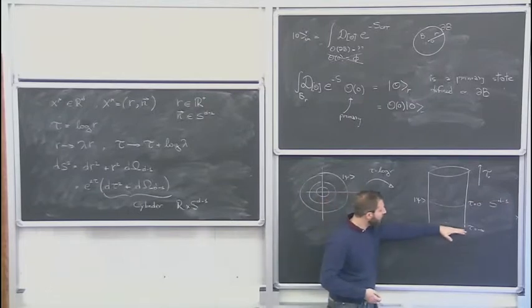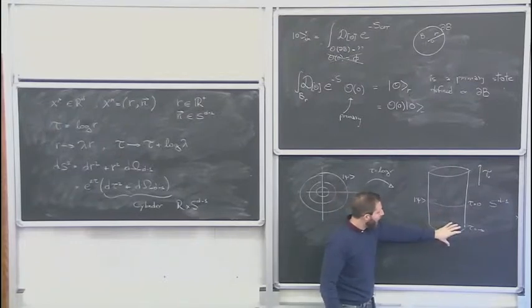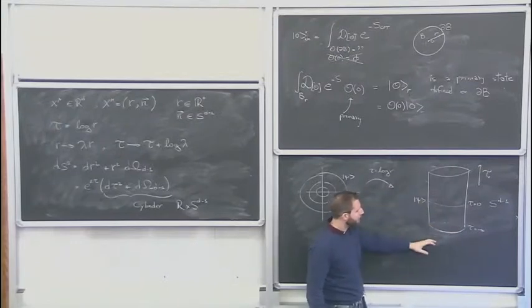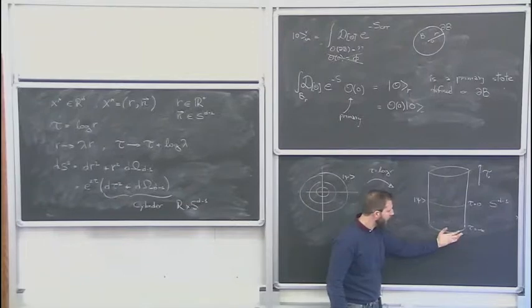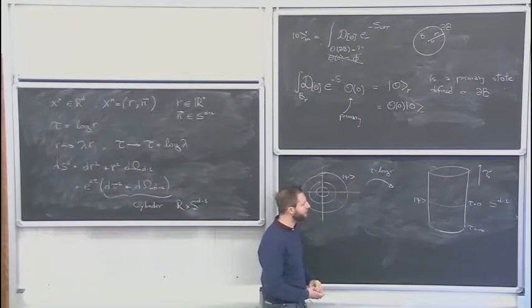And studying a conformal field theory is equivalent, as I will show in a second, to studying a quantum field theory on a cylinder, where slices at constant time are spheres, and then you evolve spheres in time.